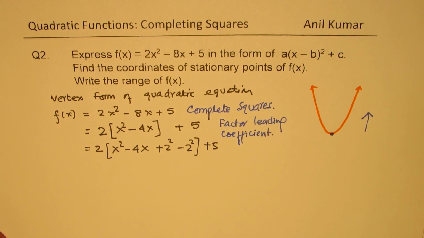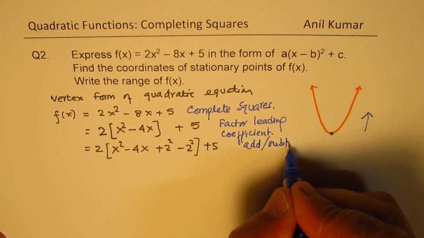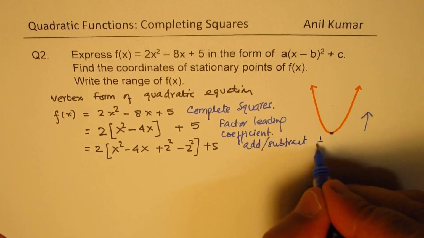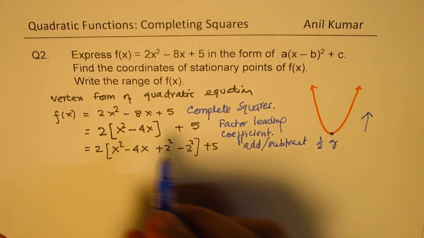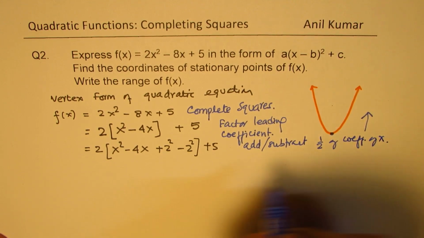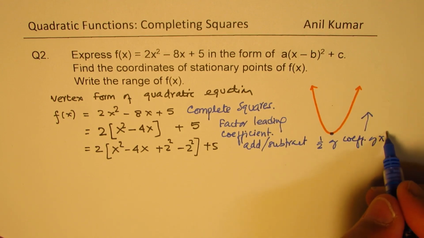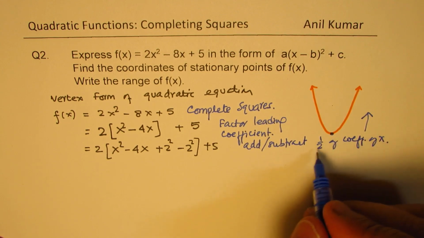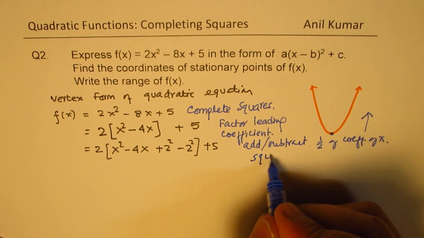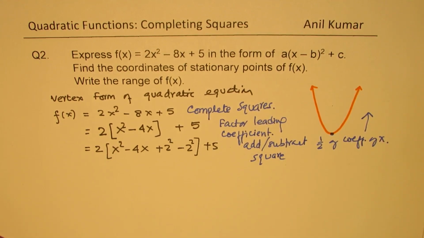So the next step here is to add and subtract half of the coefficient of x, squared. Is that clear? So half it and then square it. That's what we mean. Okay.